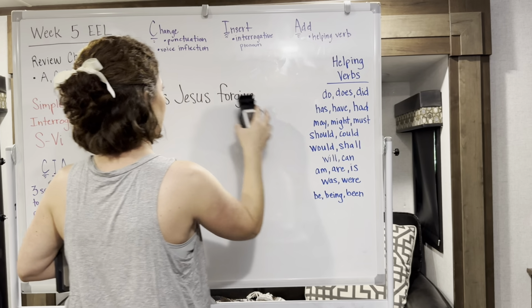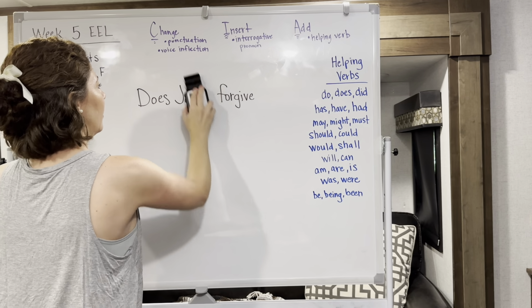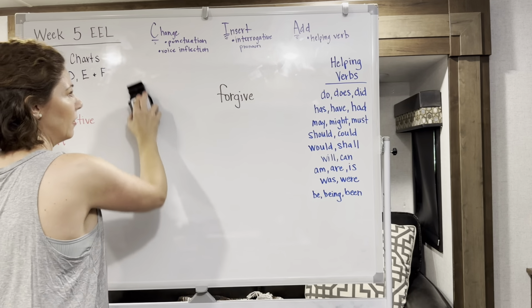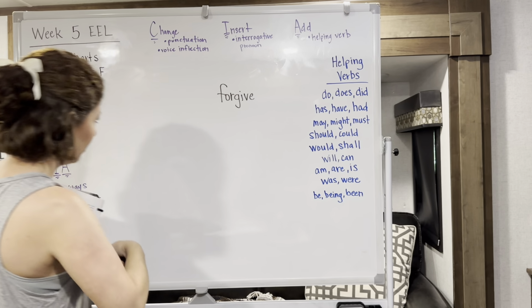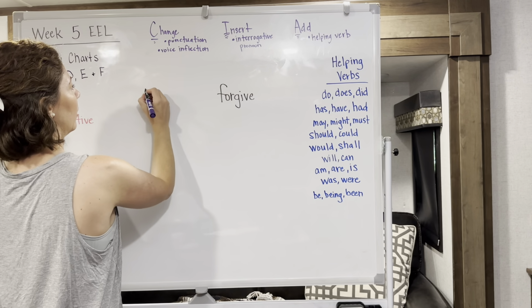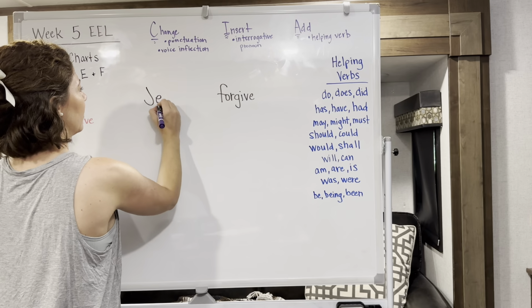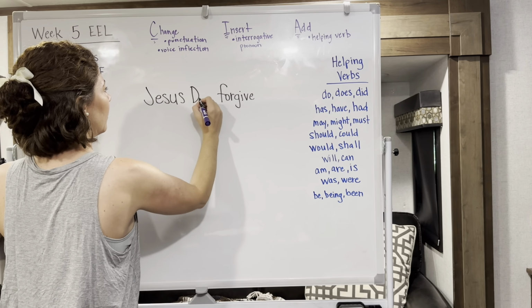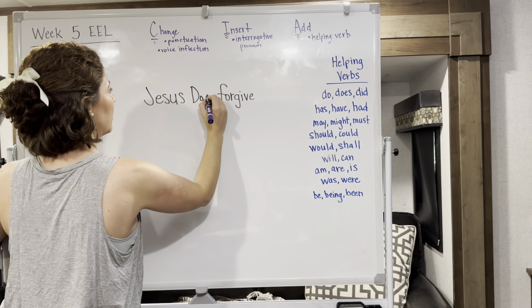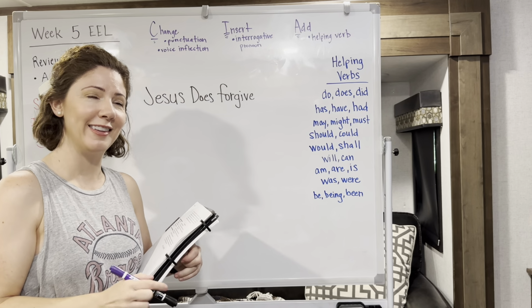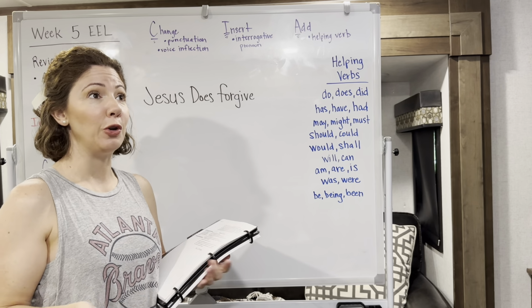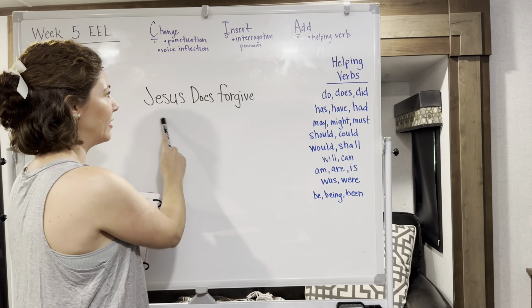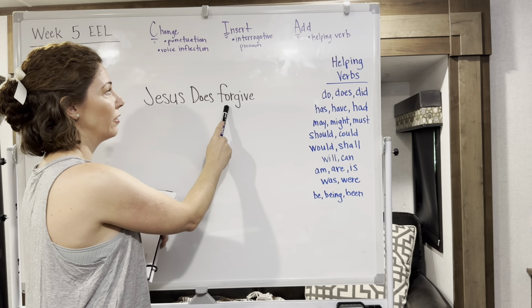and we could just erase all this, we're just rearranging it. Our sentence, we could say, Jesus does forgive. When diagramming with interrogative purposes, it helps to make it a declarative, and as you can see, that automatically brought does forgive.